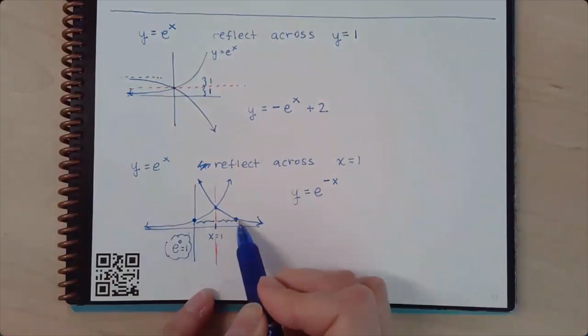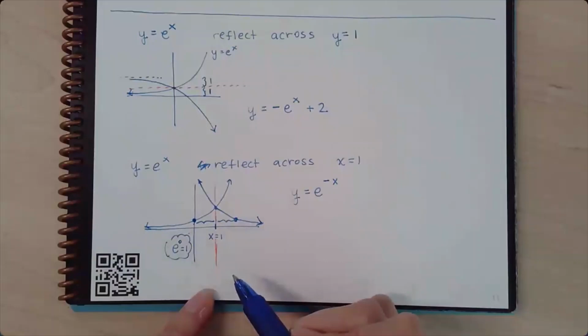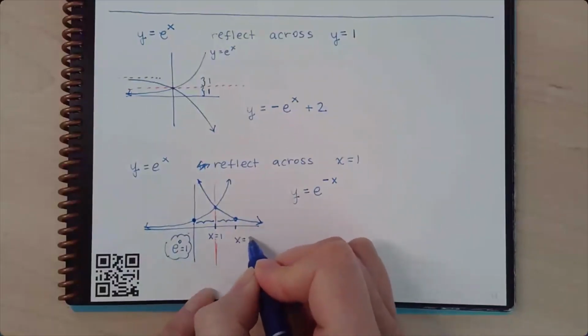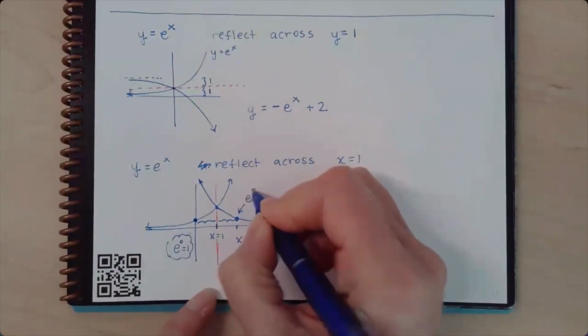It's shifted over 2, not 1. So I've reflected it, but also shifted over 2, meaning that when I plug in x equals 2, I need to get e to the 0.